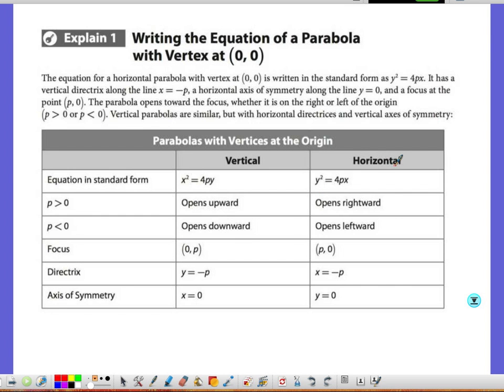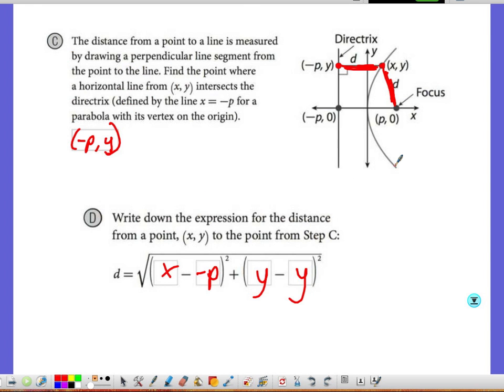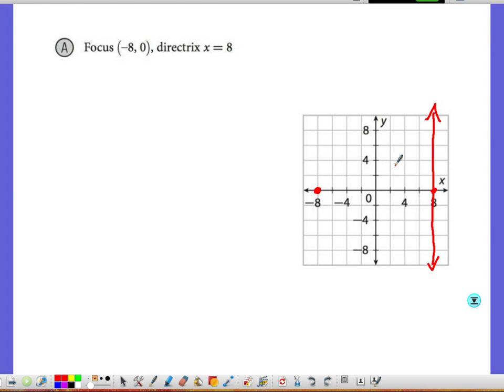Now, remember, something very important about the parabola is that it never intersects the directrix. It's never going to intersect it. And the focus is always inside the parabola. So how is this parabola going to be opening? Is it going to be opening up? Well, if it opens up, there's going to be a problem. It's going to intersect the directrix once we extend it. So it cannot open up.